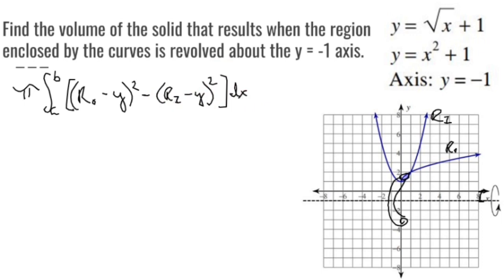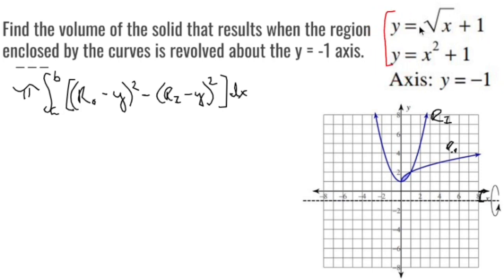Now, the other thing we have to take care of is that even though it's kind of obvious, we can never have the benefit of the doubt and say that that's definitely 0 and that's definitely 1. So we need to find out what my upper limit B and my lower limit A are. I'm going to do that by finding where these two guys intersect.